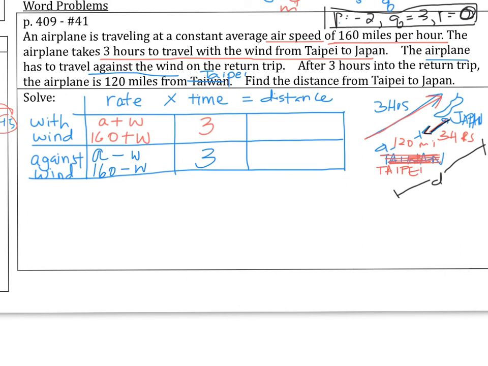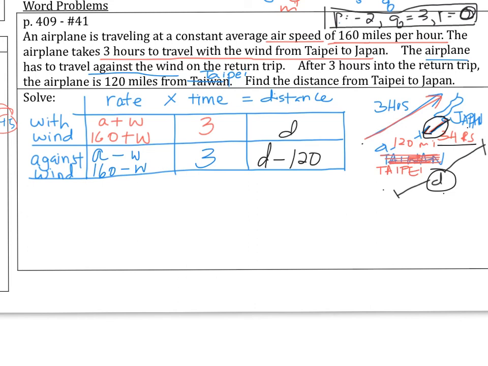It's unknown. So if the total distance is d, I could take d and subtract 120 to write a variable expression to represent that distance traveled after 3 hours from Japan to Taipei. And then from Taipei to Japan, I could just represent the distance as d.